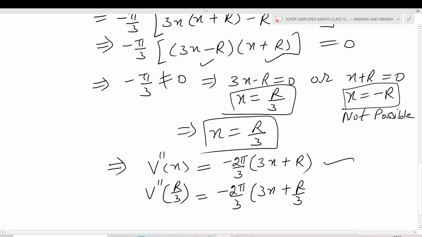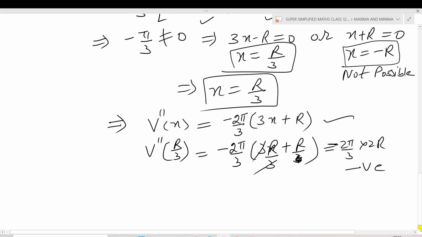So minus 2 pi upon 3 into 2r. So this is going to be a negative quantity. So you are getting v double dash at r by 3 to be negative. This implies x equal to r by 3 is point of maximum. This means that the volume is going to be maximum for this value of r.